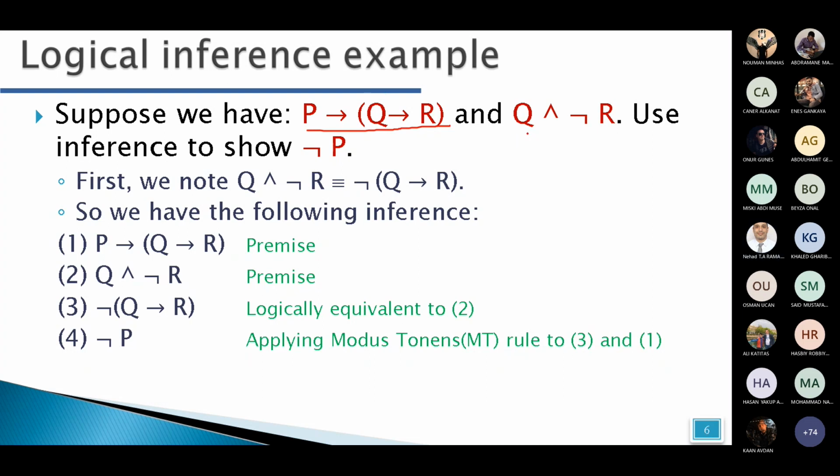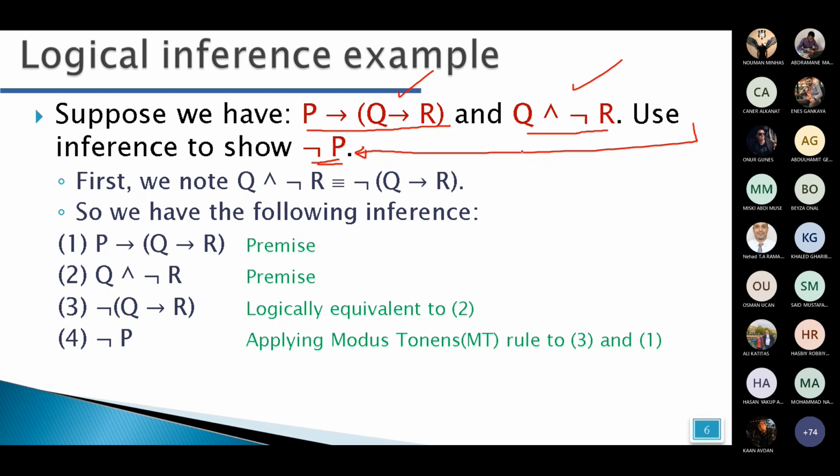And another premise, Q and not R. Use inference rules, of course, to show not P. So what we need? We need to use these two premises to reach not P. How to use these two premises to reach not P?